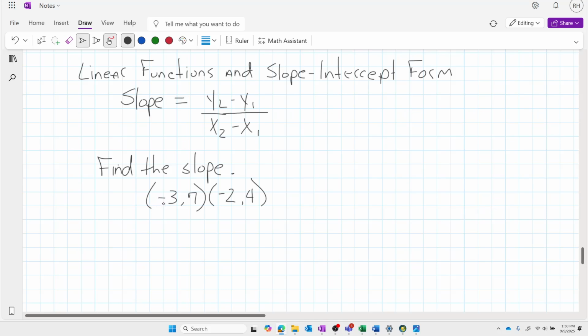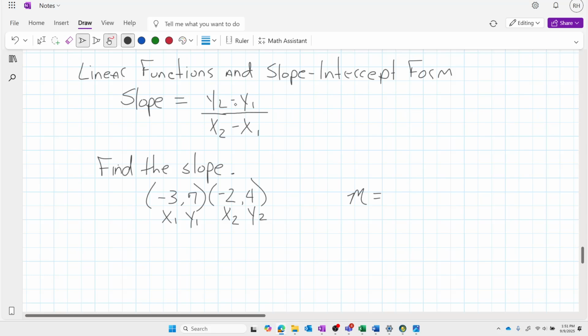All right, so I would label these points. Here's your x sub 1 and your y sub 1, and your x sub 2 and your y sub 2. And then you could substitute them into the slope formula. All right, the symbol for slope is lowercase m.